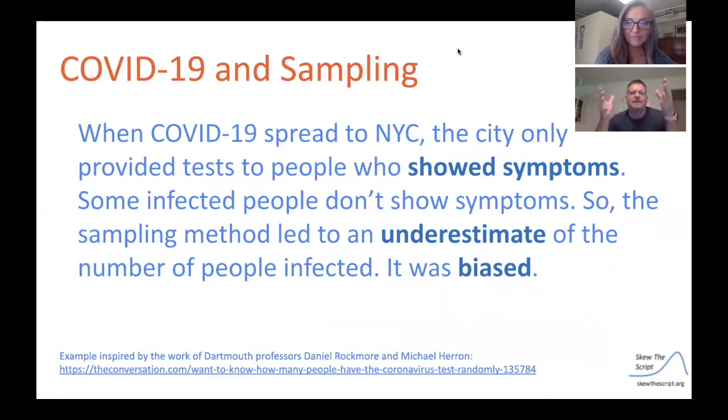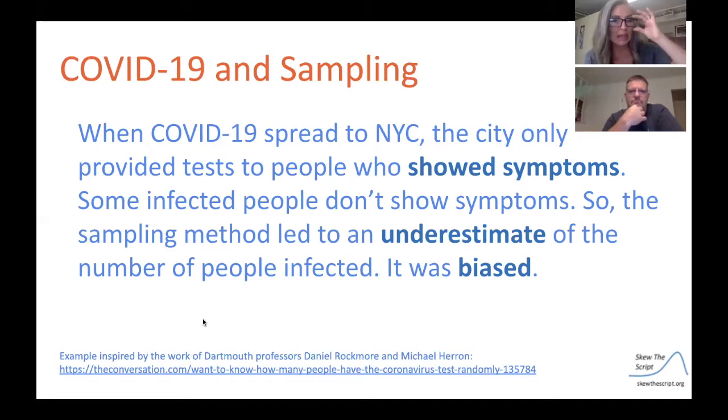All right, so there's lots of stuff you can find on the internet, but we're just going to talk about how the data is collected. Okay, so we're going to talk about New York City and some of the people who tested positive for COVID-19. Yeah, so if you remember just months ago, New York City was one of the first cities in the United States to be hit really heavy.